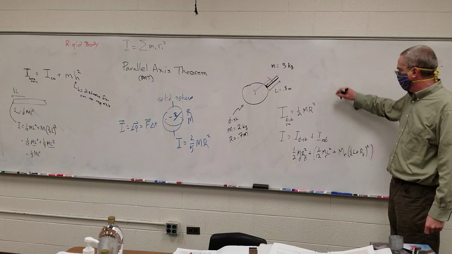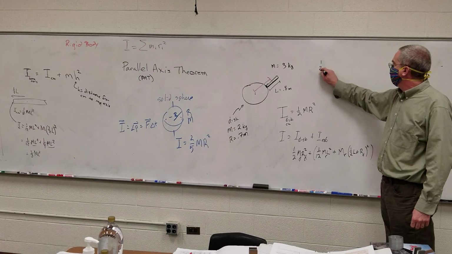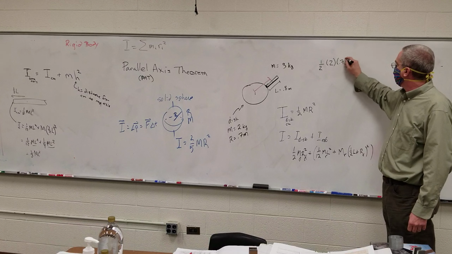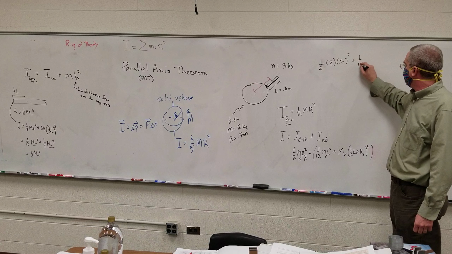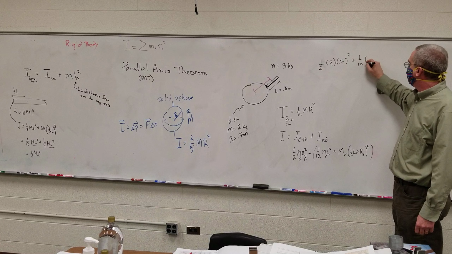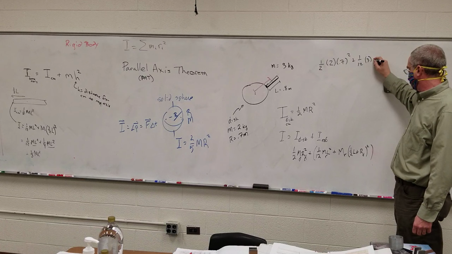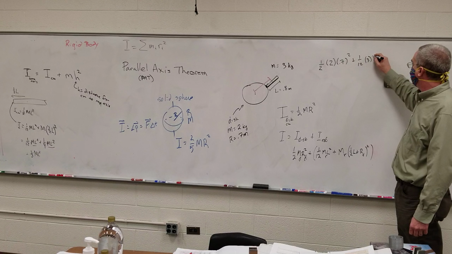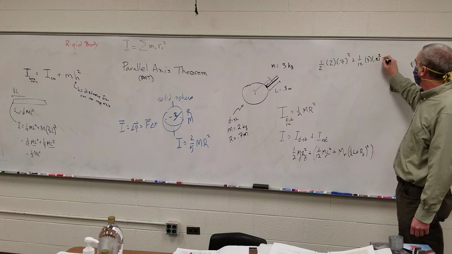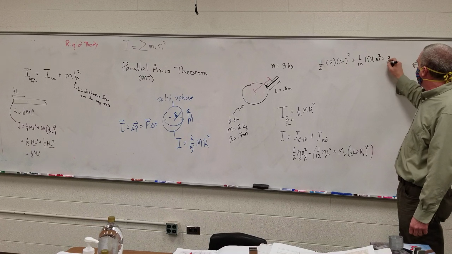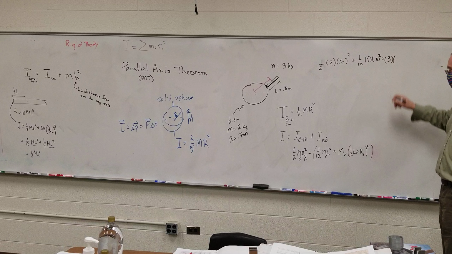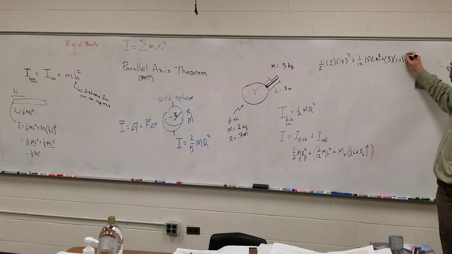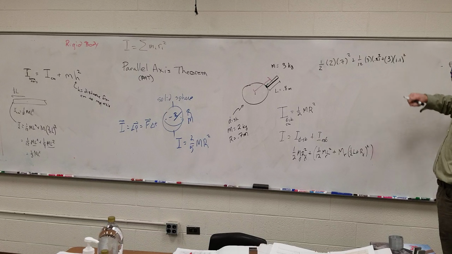So now let's plug numbers in. So I got 1/2 times mass of disc times radius squared plus 1/12 mass of rod times the length of the rod, 0.8 squared, plus mass of the rod times 1/2 length plus the radius, that's 1.1, squared.